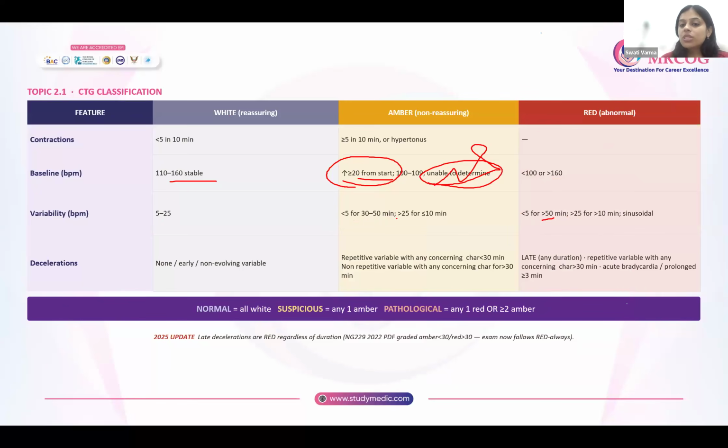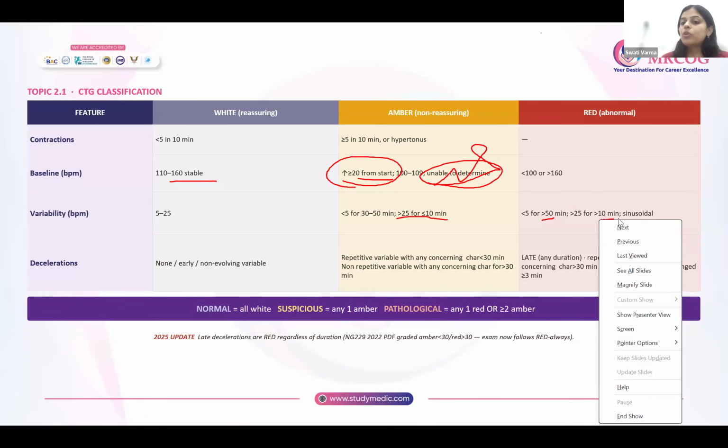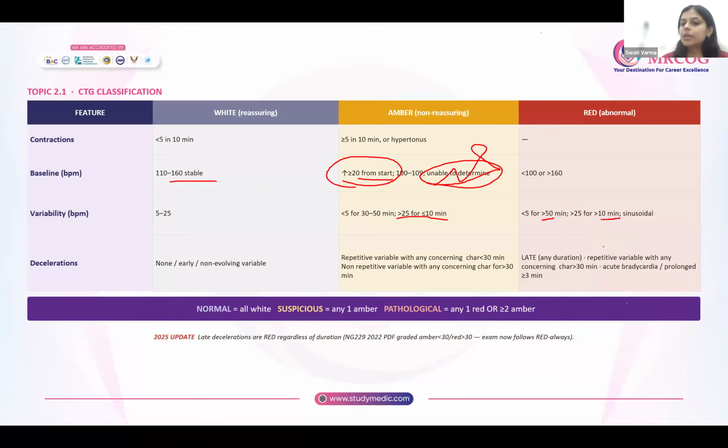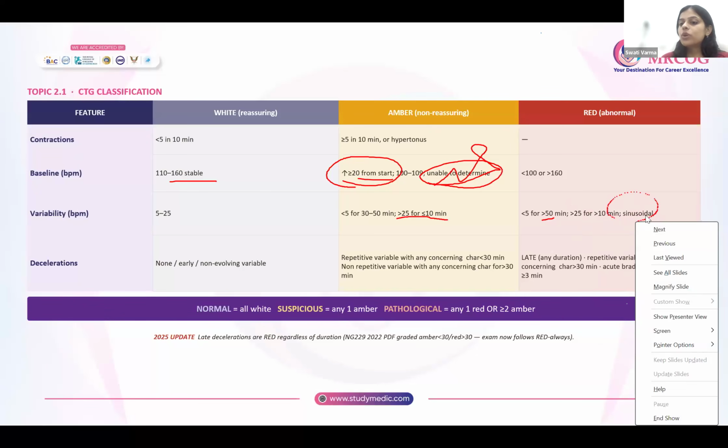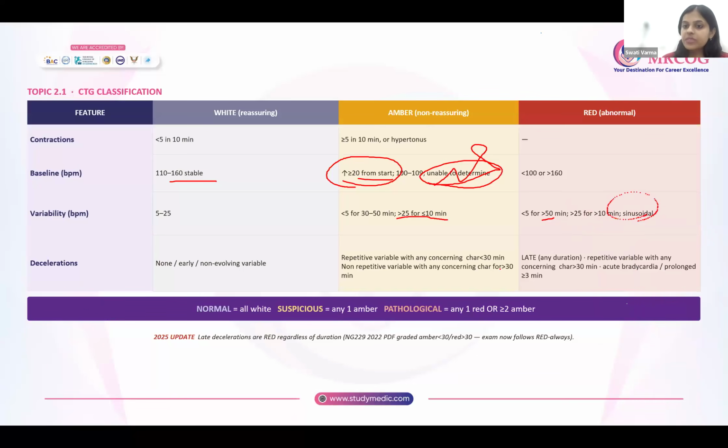Similarly, more than 25 for up to 10 minutes is amber, but if more than 25 prolongs for more than 10 minutes, it becomes red. And remember, sinusoidal is always red. Sinusoidal means immediately you have to take her up for cesarean section if delivery is not imminent.